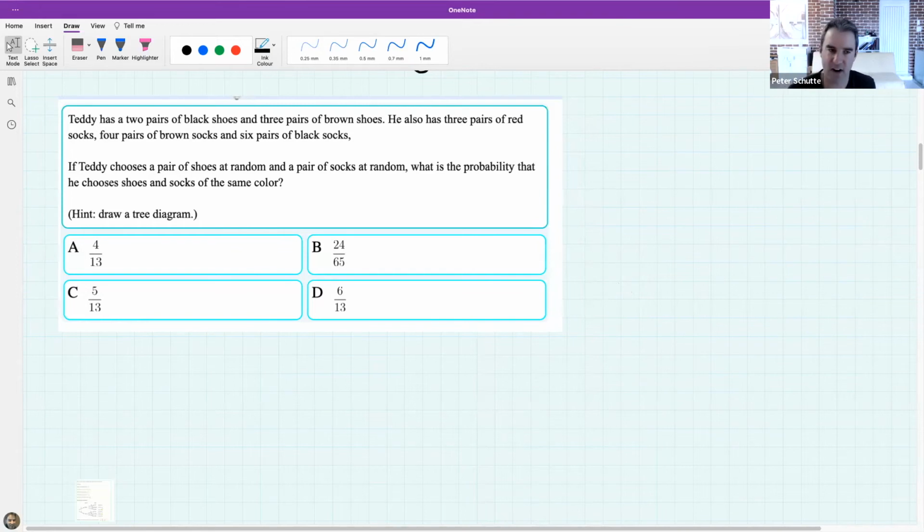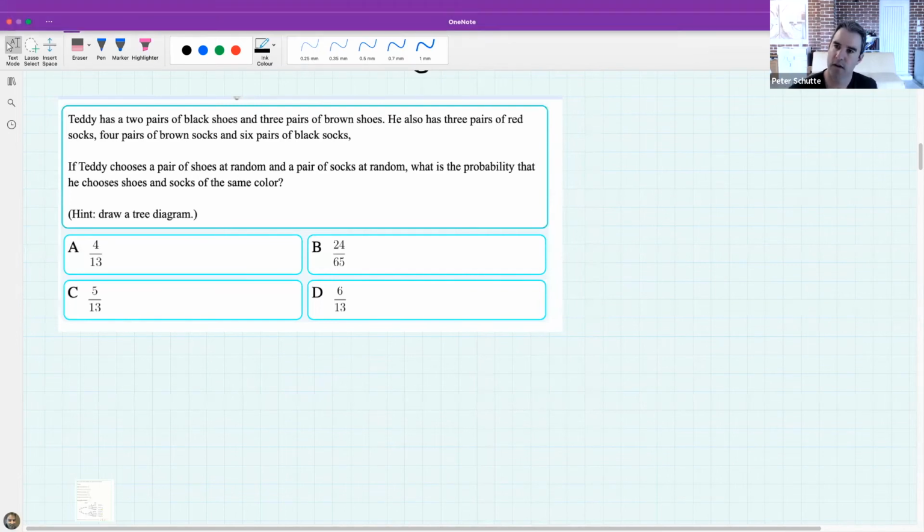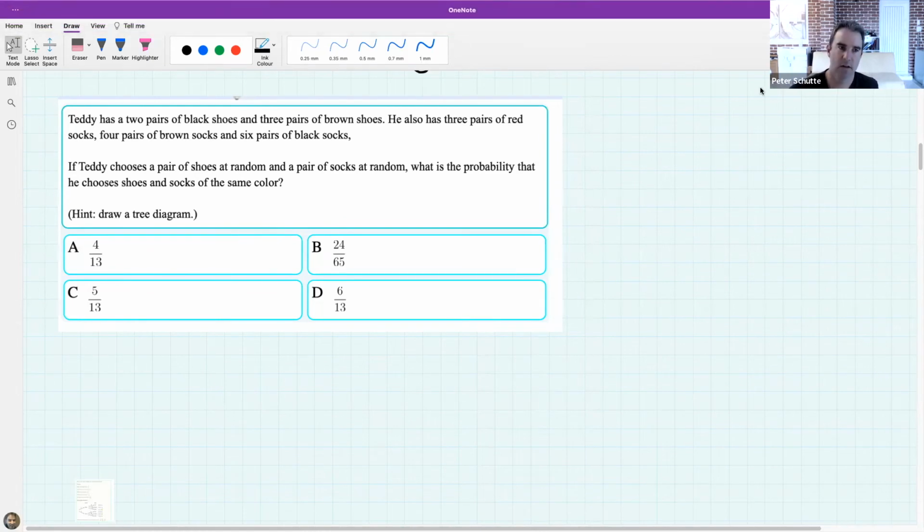What would your tree diagram look like before we even try to answer the question? And then just say done when you've drawn your tree diagram.